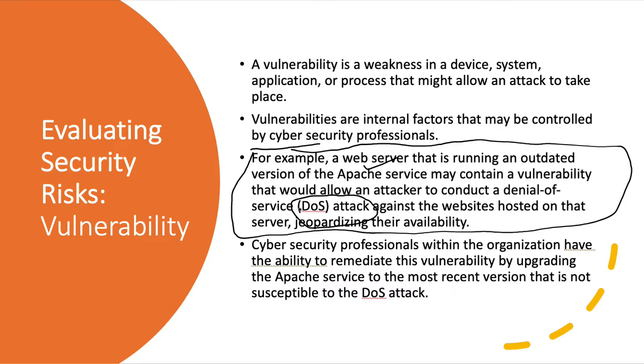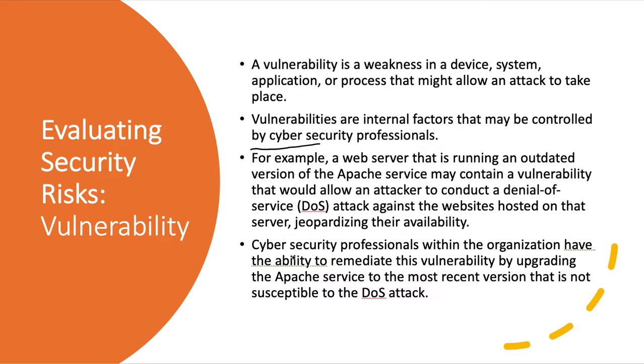Okay. Cybersecurity professionals within the organization have the ability to remediate that vulnerability by upgrading the Apache server to the most recent version, or a version which is not exploitable by DOS attack. So this is how we mitigate the vulnerability, and that is what a vulnerability is.